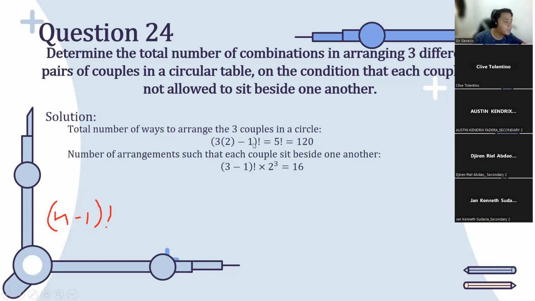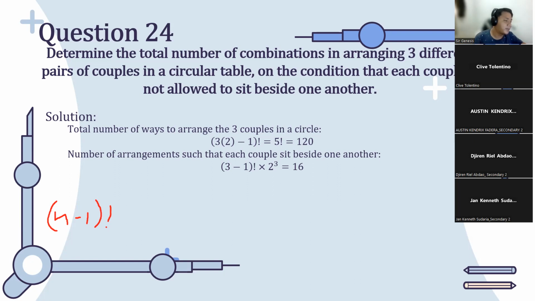Now the number of arrangements such that each couple sits beside one another. If you think about creating them as one group, you have 3 groups. So arranging 3 groups in a circular manner, that will be 3 minus 1 factorial. Now we have 2 ways to arrange each couple, so they can just switch with one another. So that will be 2 times 2 times 2, or just 2 cubed.